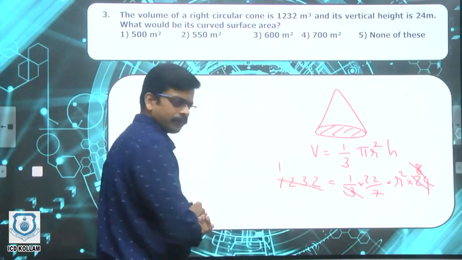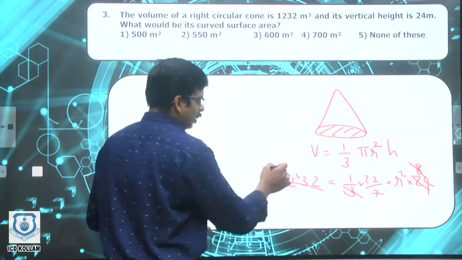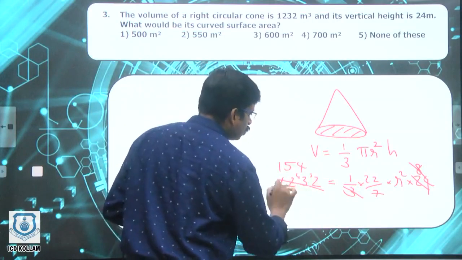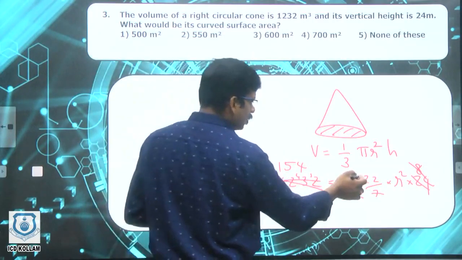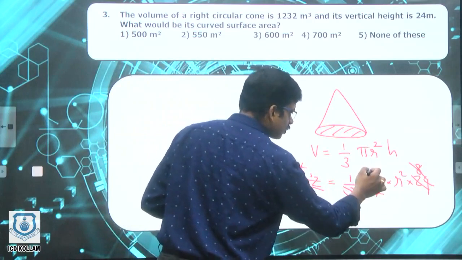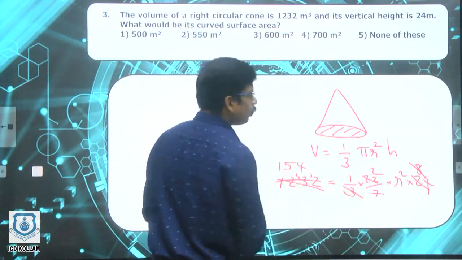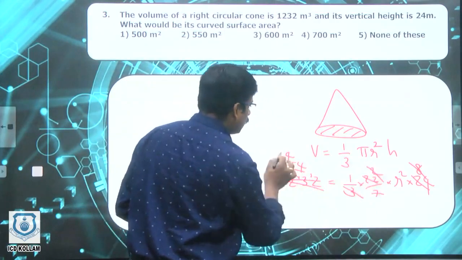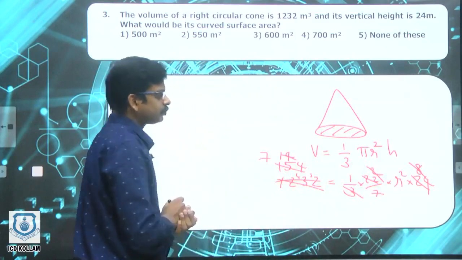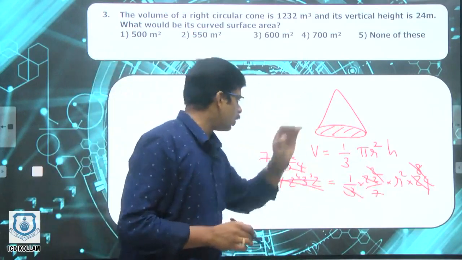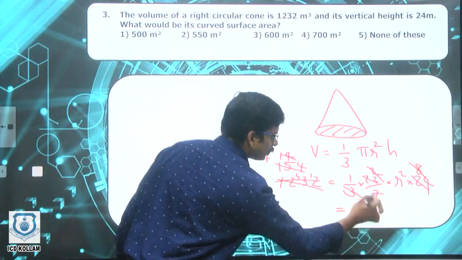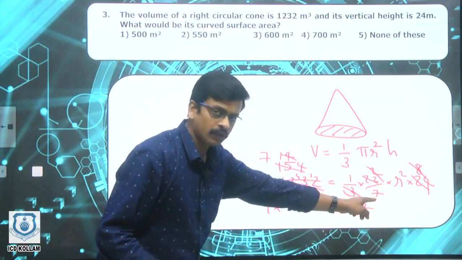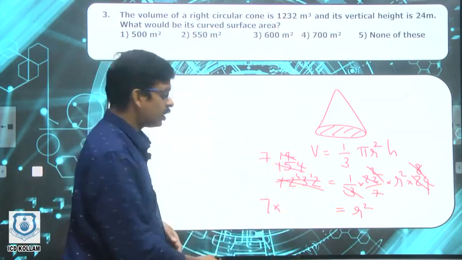8 ones are 8, 8 fives are 40, remaining 32, 8 fours are 32. Now I take it as 2 by using the 11th table, so finally I get it as 7. r square is equal to 7 into 7.